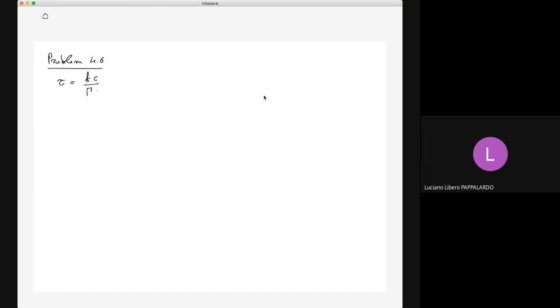So this is h bar c over gamma c. And this is approximately equal to 200 MeV times Fermi. And now we have a width of 1.3 keV, so 1.3 times 10 to the minus 3 MeV, times 3 times 10 to the 23 Fermi per second.